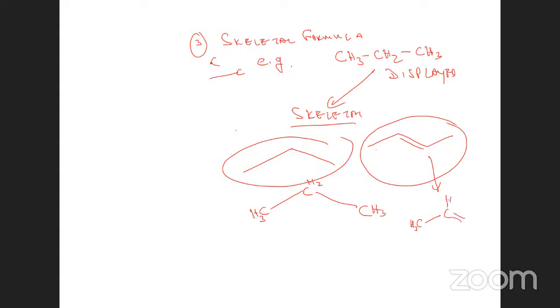So the total number of bonds a carbon could have is 4. So 2 hydrogens going here. I have another carbon here. So here also another hydrogen, and then that's the displayed formula from the skeletal formula.